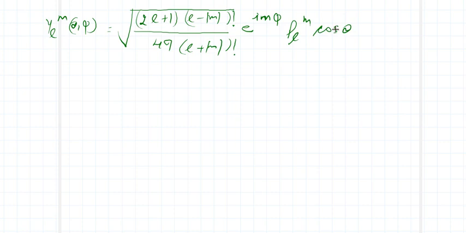But for the spherically symmetric potential, phi is constant, so that means m will be equal to 0. So we will remain only with the term for which m will be 0.